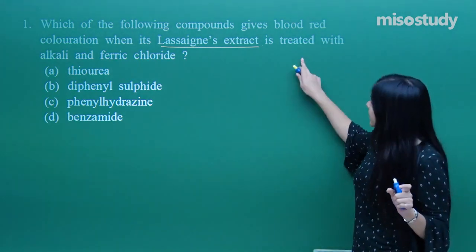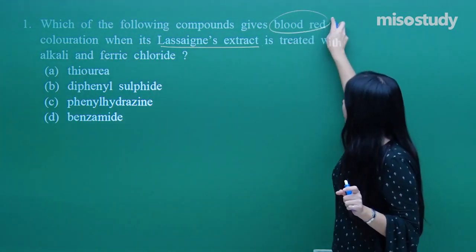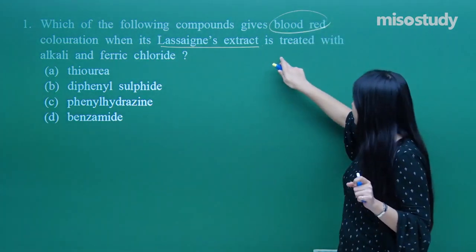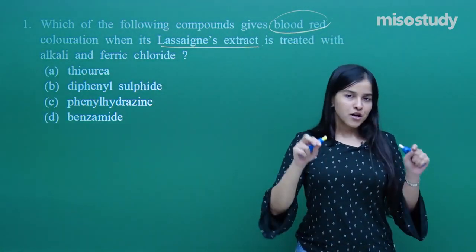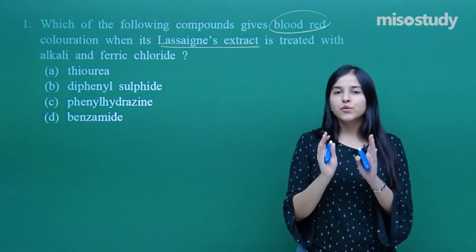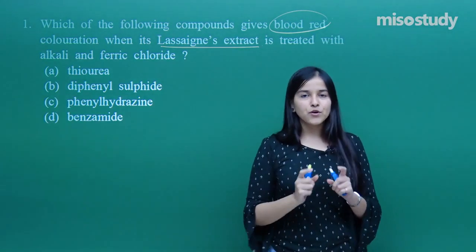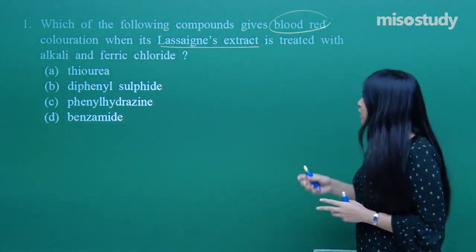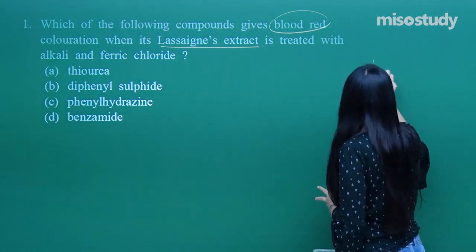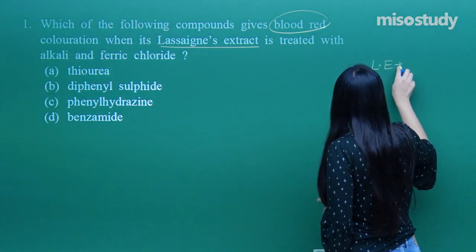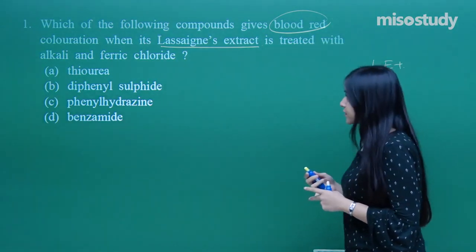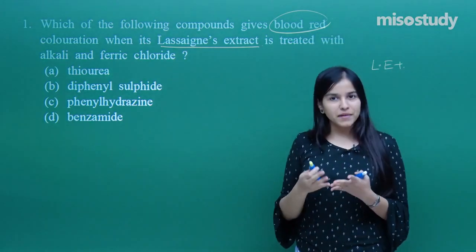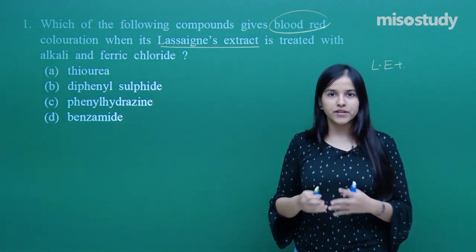So they are asking when we get the blood red coloration when the Lassaigne extract is treated with alkali and ferric chloride. For this question you need proper knowledge about what reactions are happening. I have the LE, and I need to react it with alkali and then ferric chloride. So how do we get the blood red coloration? That is the question.